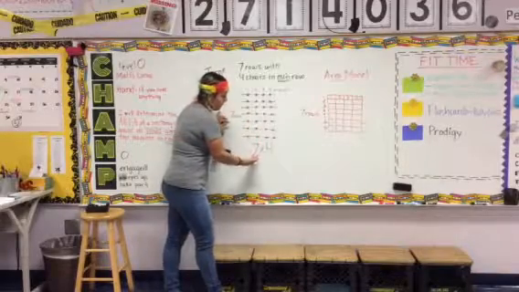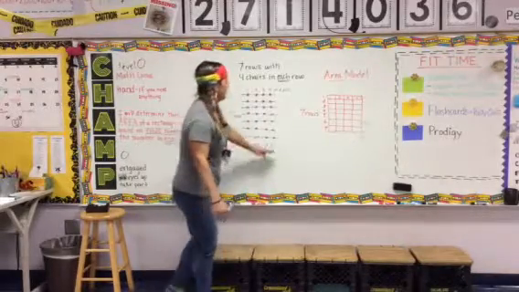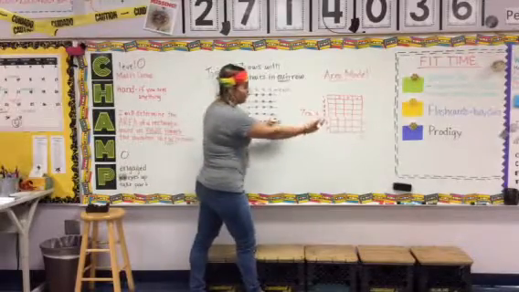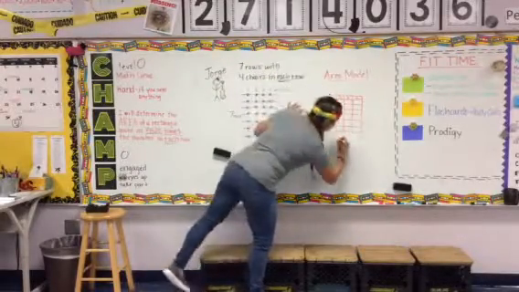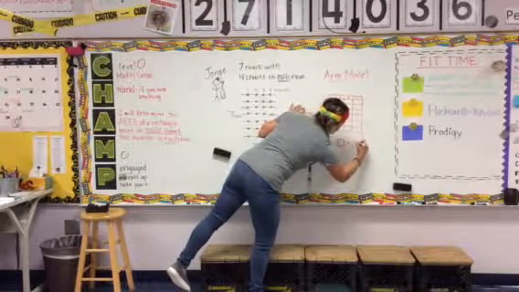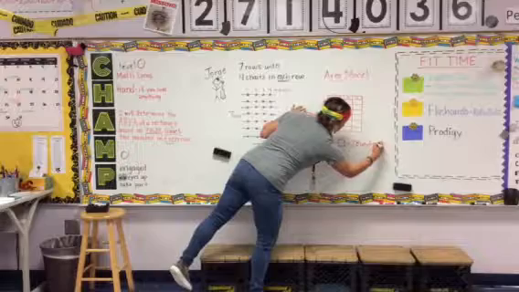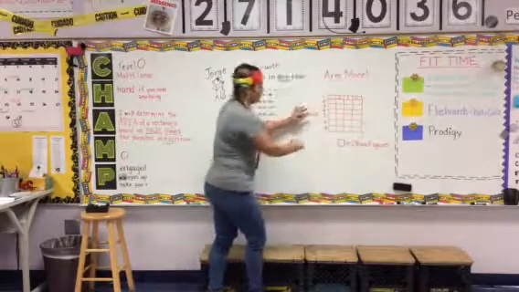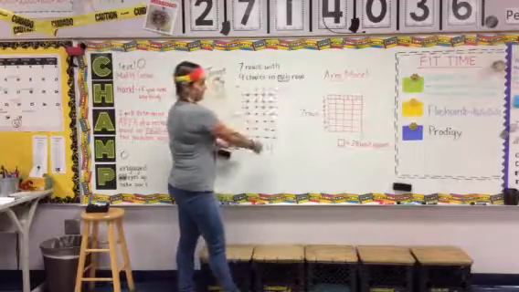And you guys, I know you're already like, God, Miss Mag, we know 7 times 4 is 28. So there's 28 unit squares. And we got that the same way we did this.